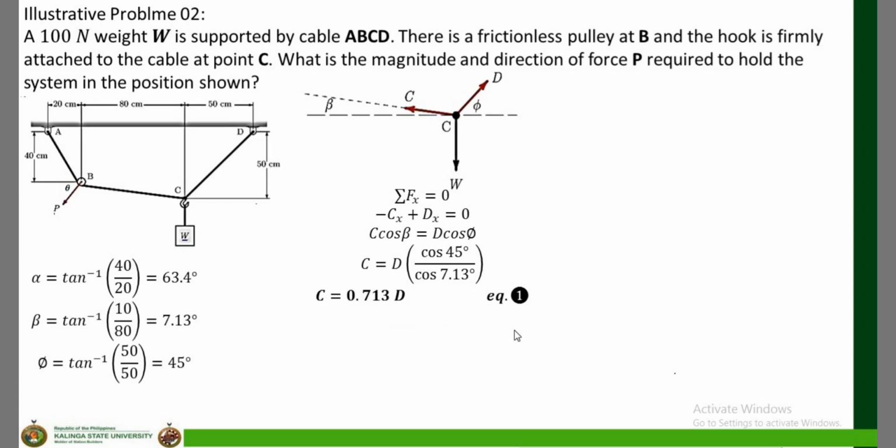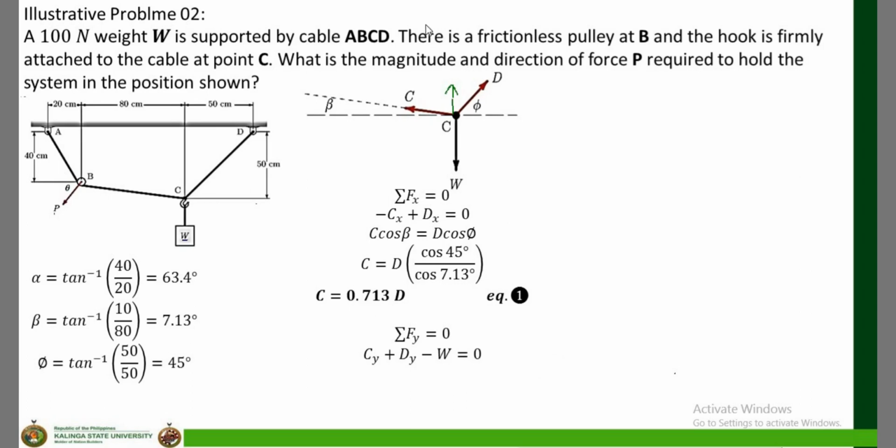Since I am considering two axes, I will use two static equations. This time, I'm going to use the summation of forces along the y-axis. What are the forces along the y-axis? Obviously, there is the y component of C, and its direction is upwards.